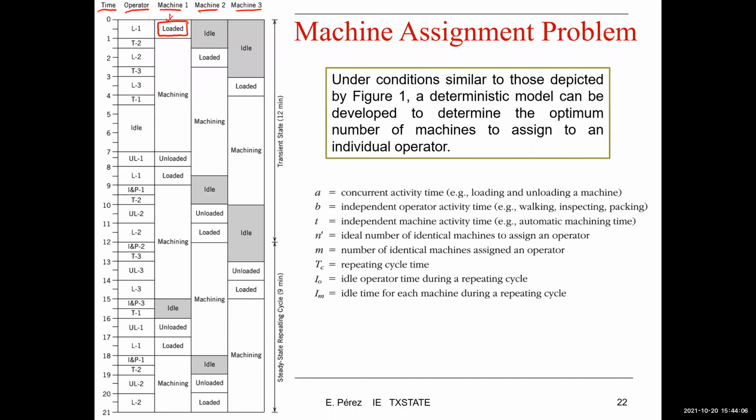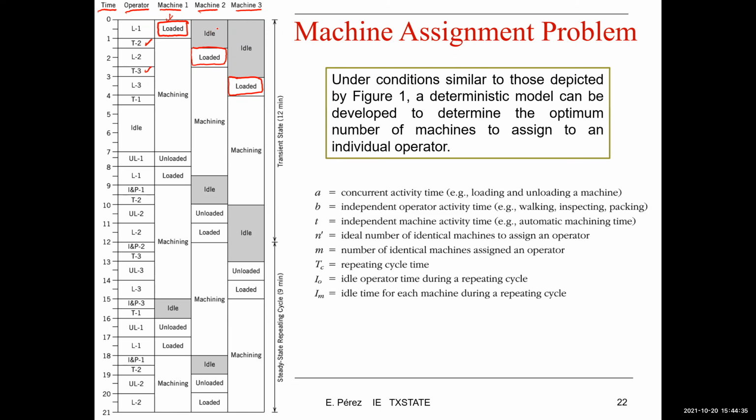And then the operator will need some time to travel or walk to the next machine. So this is what this traveling period is showing. After the first machine is loaded and the operator gets to the second machine, he can start this process. But after that, he has to travel to the third machine and then start loading the third machine.